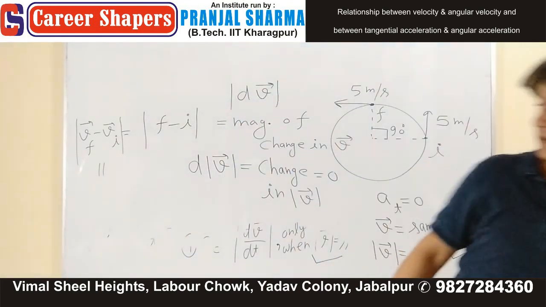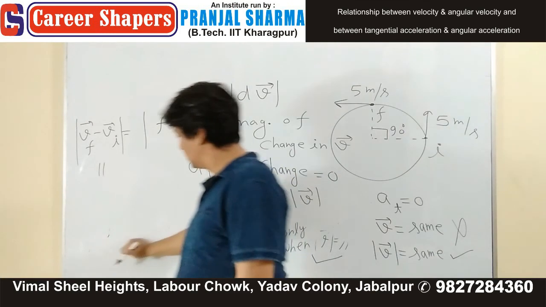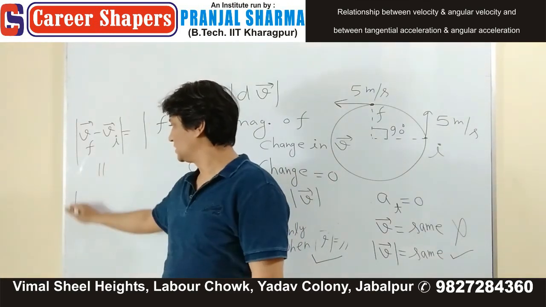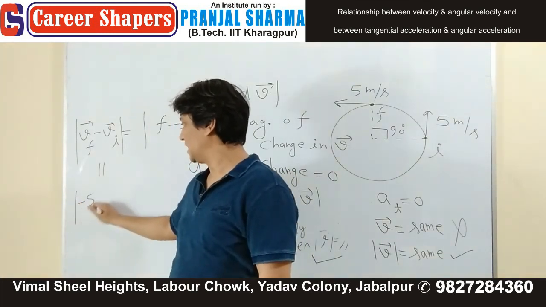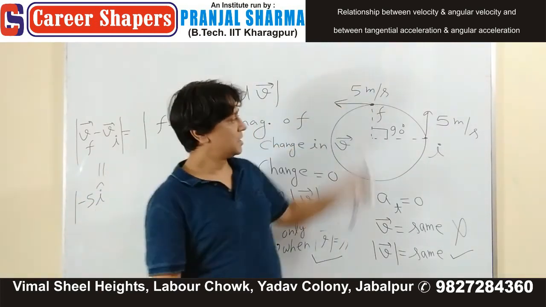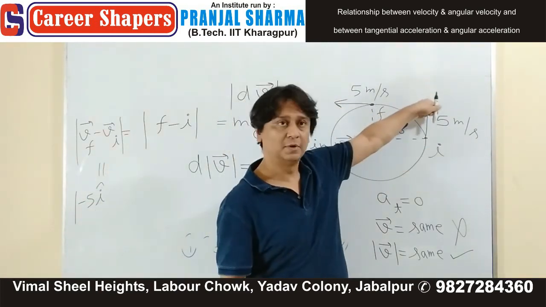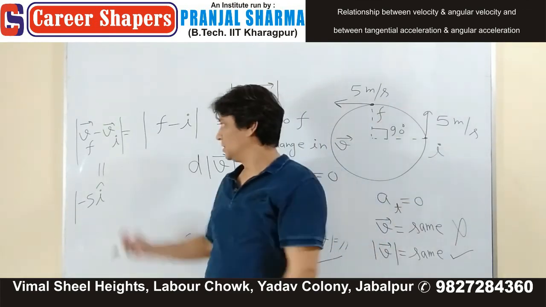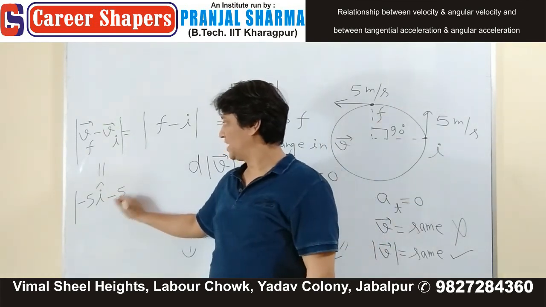So for final I can simply say what? For final I can say this, minus of 5 I cap at save time, and initial is what? Up. What is up? J cap minus 5 J cap.